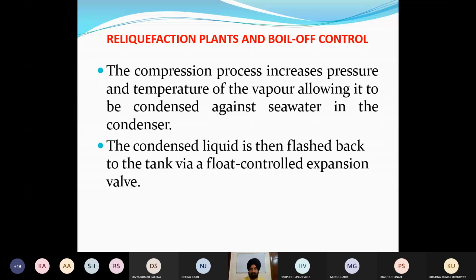Or you cool the vapors, convert them back to liquid and put it back into the tank. So the returned liquid vapor mixture to the cargo tank may either be distributed by a spray rail at the top of the cargo tank or taken to the bottom of the tank to discourage re-vaporization. It's like when you're loading a liquid, we don't throw the liquid from the top into the tank, isn't it?